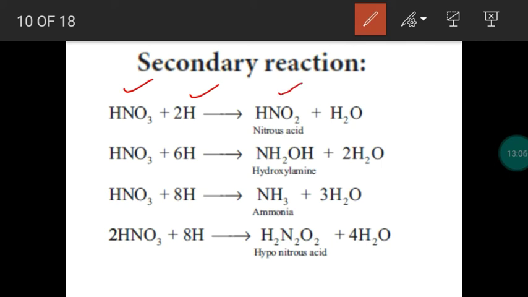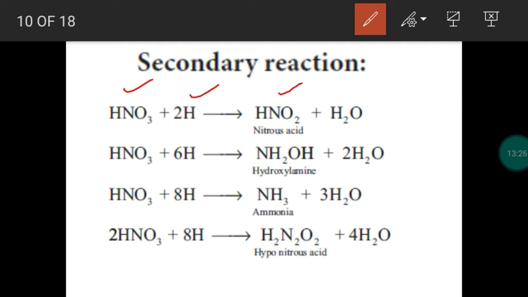It produces another substance called nitrous acid. So the primary reaction is the production of nascent hydrogen. The formed nascent hydrogen will combine with the nitric acid. It provides different types of products. We call these products secondary products, and the reaction is known as the secondary reaction.